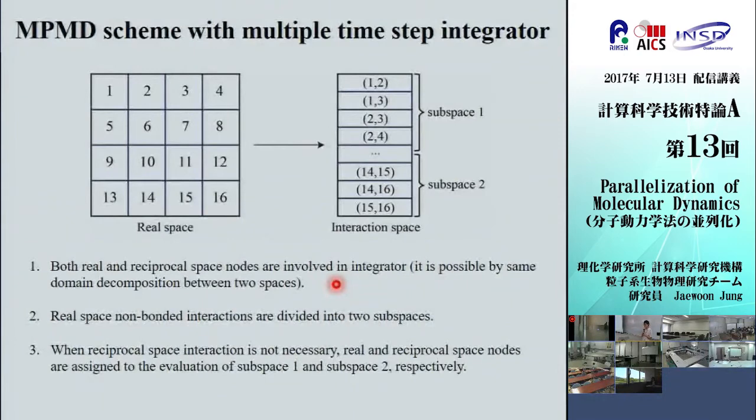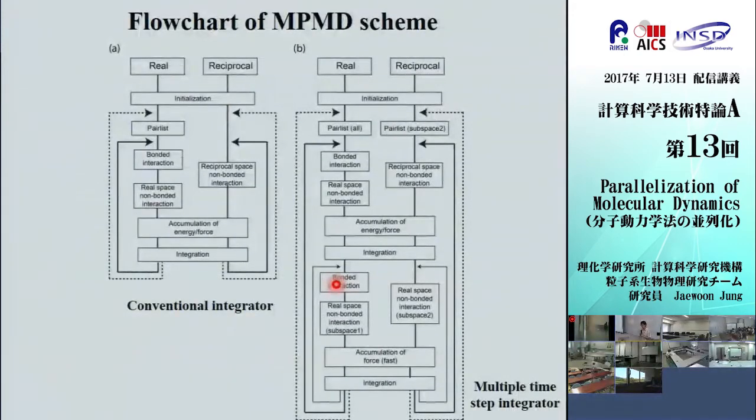So this is a flow chart of the MPMD scheme. In the conventional integration, where multiple time-step is not introduced, this processor calculates bonded interaction and real space interaction. Other processors only calculate reciprocal space interaction using FFT. And finally, we accumulate the data and do the integration.